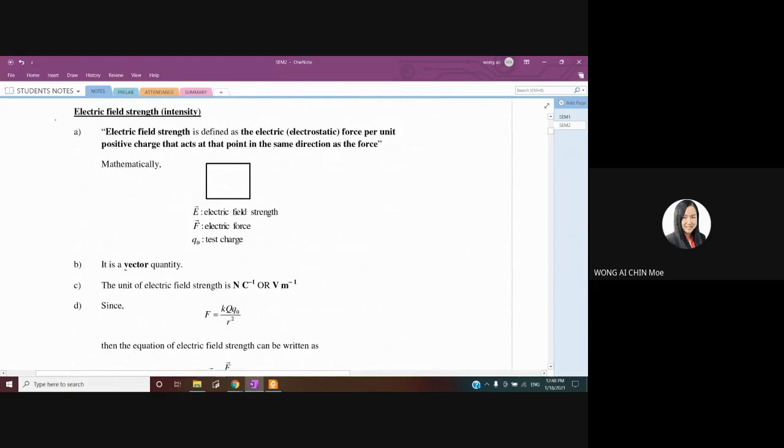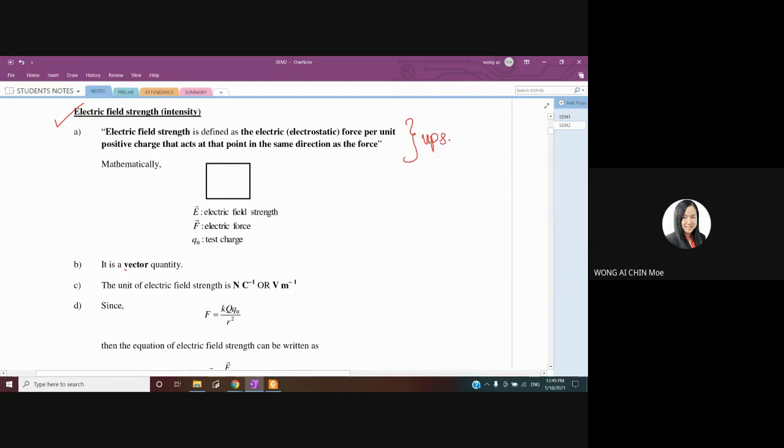Next one is electric field strength, or we call it intensity. It is defined as the electric force per unit positive charge that acts at the point, in the same direction as the force. So if they ask you to define, in UPS these questions will come out.